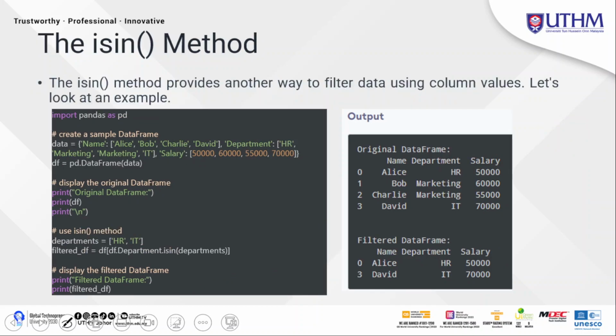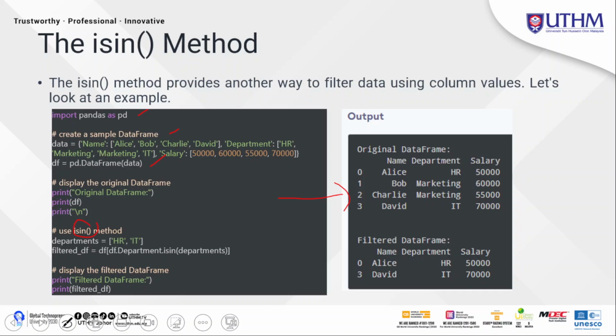The is-in method provides another way to filter data using column values. Let's look at an example here. Import pandas, create the data frame. Then this is the original data frame, which is the data set. For the is-in method, we use departments equal to HR and IT. So they want to check HR and IT.